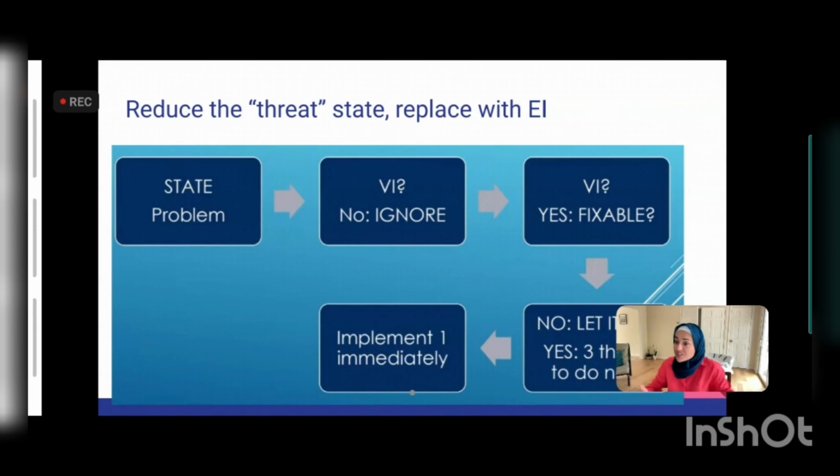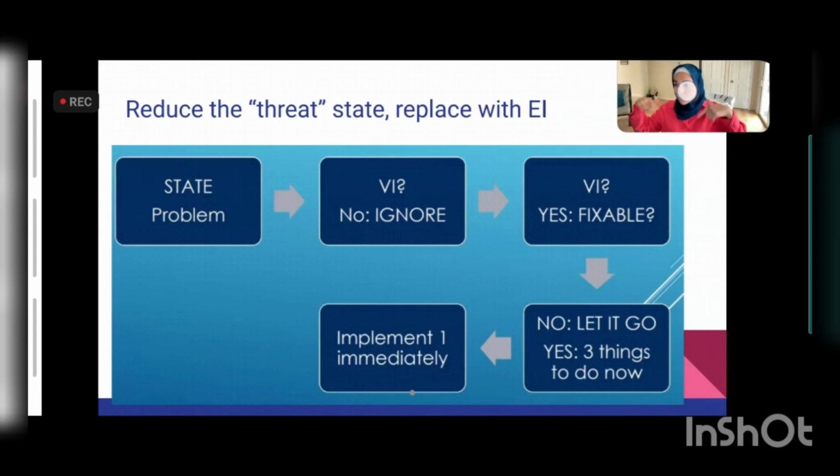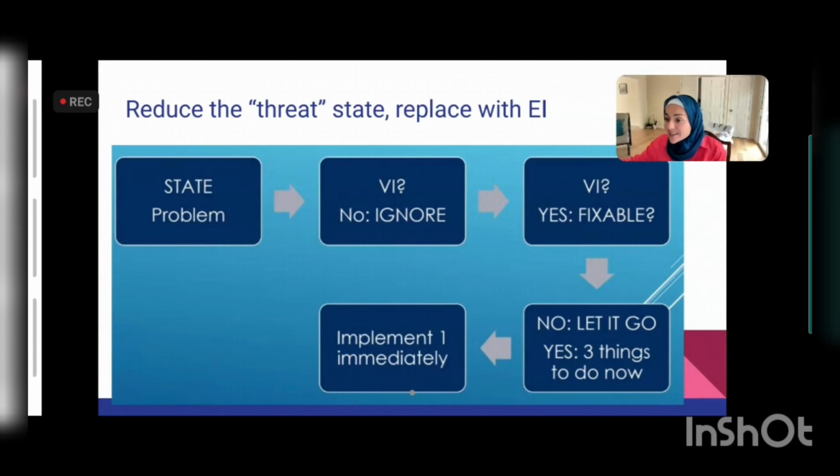And that way you've done something about it. The other 2 you can do later, but you don't need to keep thinking about it and keep it going on in your brain. Go and do something nice after that. So that's how we need to replace, when the threat system becomes overwhelming, and we replace it with emotional intelligence by using these 3 steps. So I hope that makes sense.